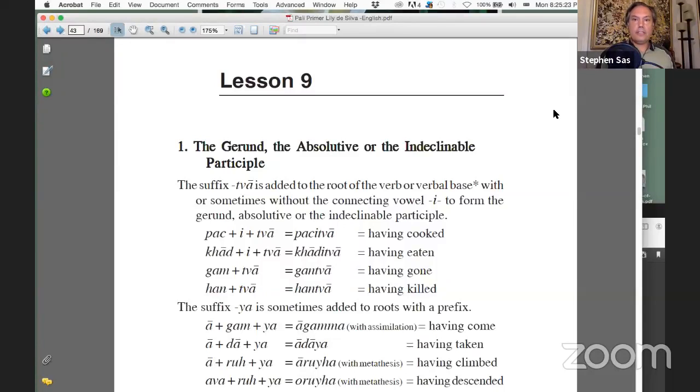And so, for instance, when we have a present participle or a past participle, those forms need to be declined like nouns, and they are not conjugated like verbs. But this special kind of formation, which doesn't really exist in a natural way in English, but does exist a lot in Pali and Sanskrit, is indeclinable.